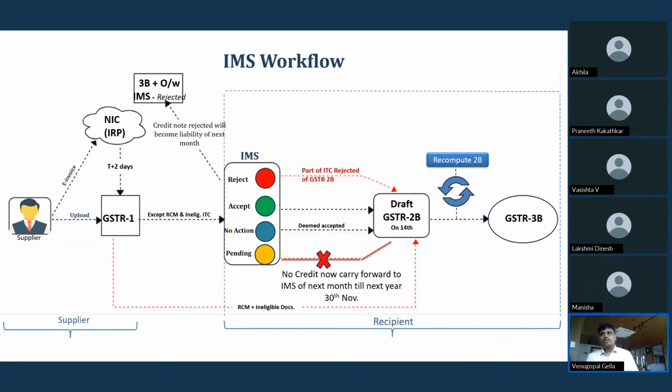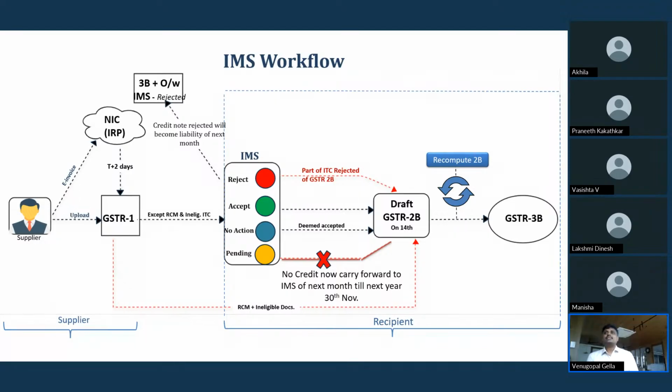So again, you will not have the credit. Third, the supplier has filed his R1 well within the time, but you are marking it as pending. So it will be retained in the IMS dashboard. It will not travel to GSTR2B for input tax credit.